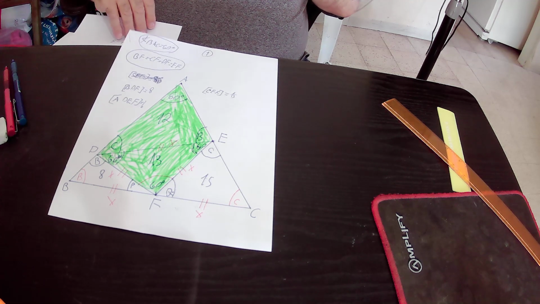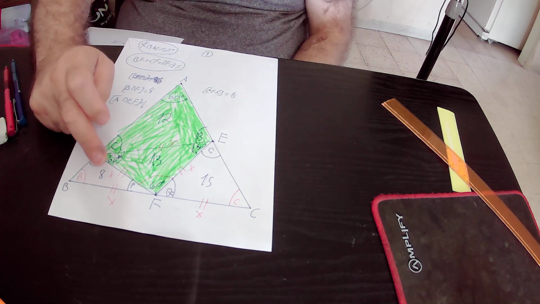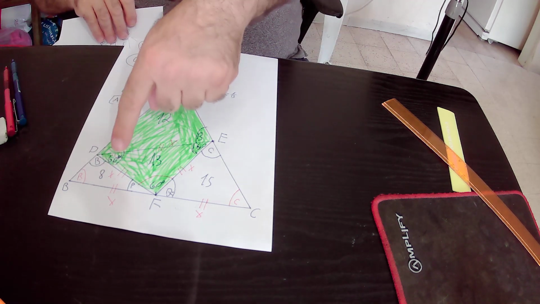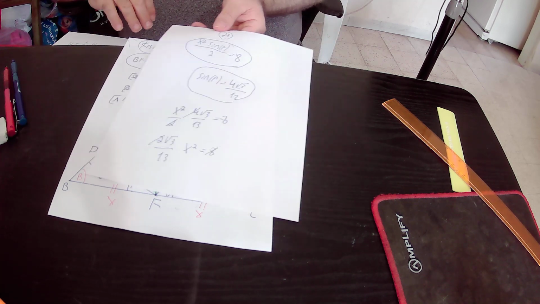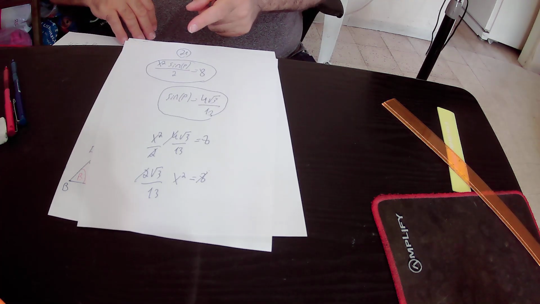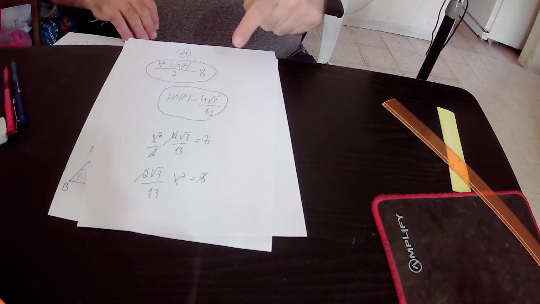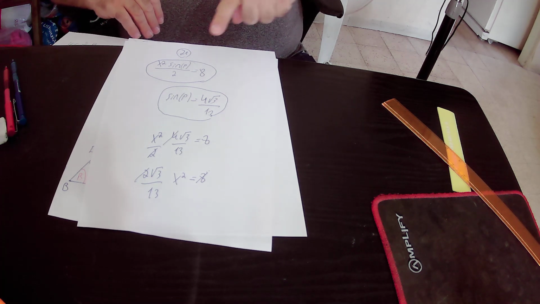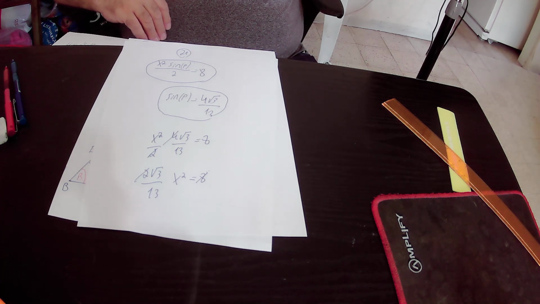After we found out the value of sine p, we know that the area of triangle DBF equals x times sine p over 2, and we know that the area equals 8 square units. So the area of the small triangle equals x squared times sine p over 2. But we have already found out that sine p equals 4 times root 3 over 13, so we can substitute sine p by 4 times root 3 over 13 in this equality.